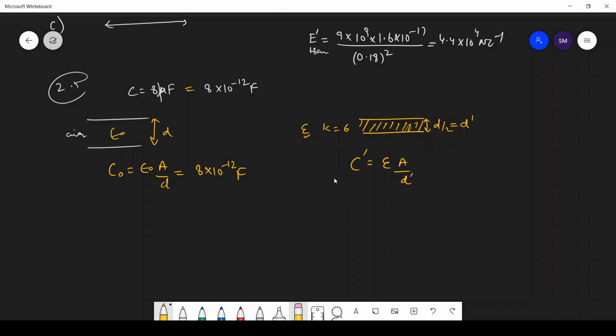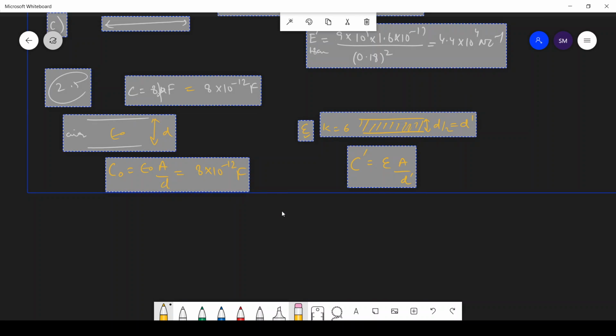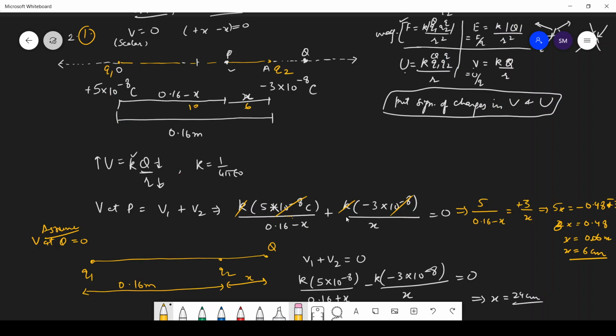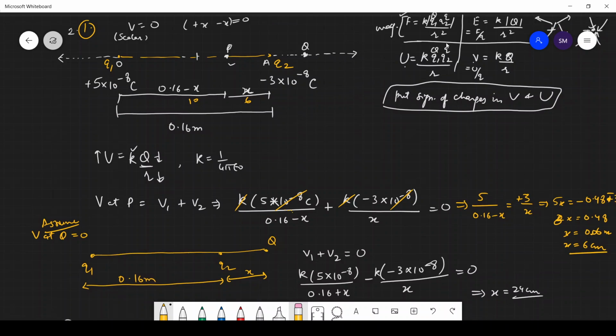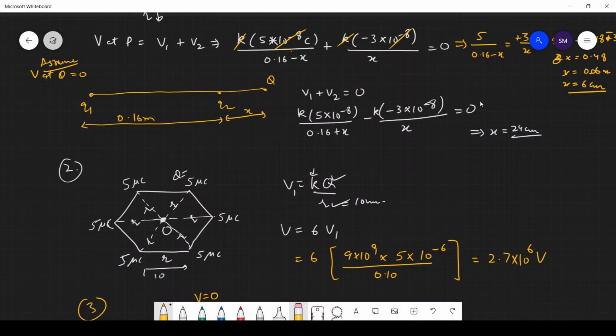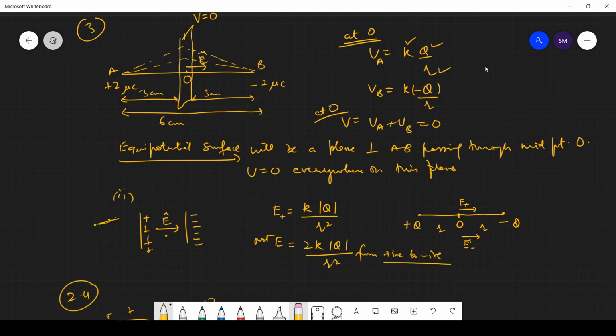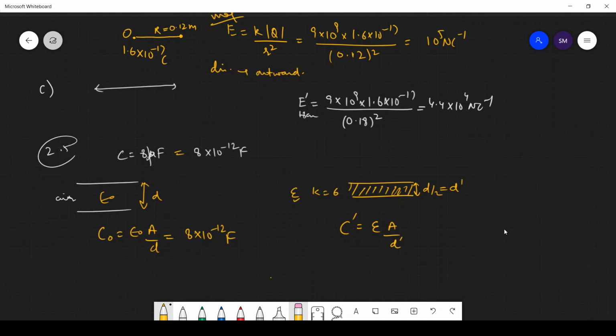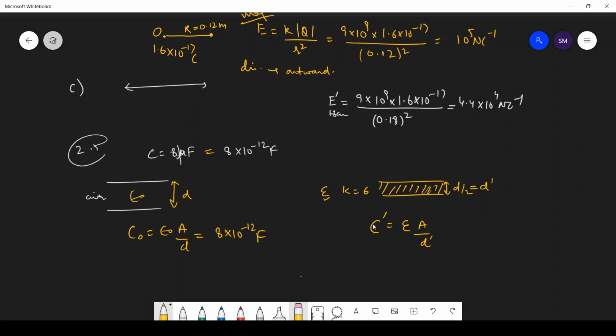This will be C dash, or even C is all right, because this is C naught. So C dash or C, that's your choice, whatever you are taking.